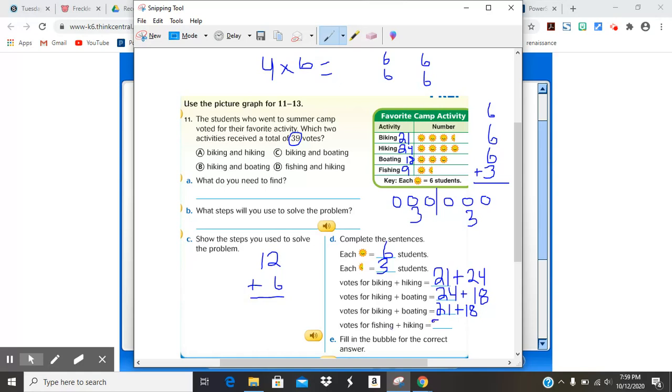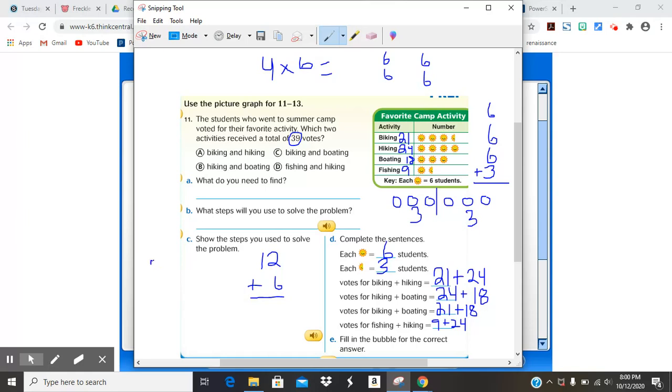So fishing was 9. Put that together with hiking. I look up there and hiking is 24. So then I would come over here and we would add each of these up to find out which one would end up being 39.